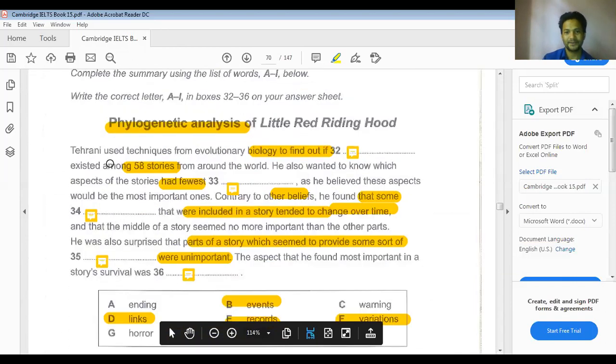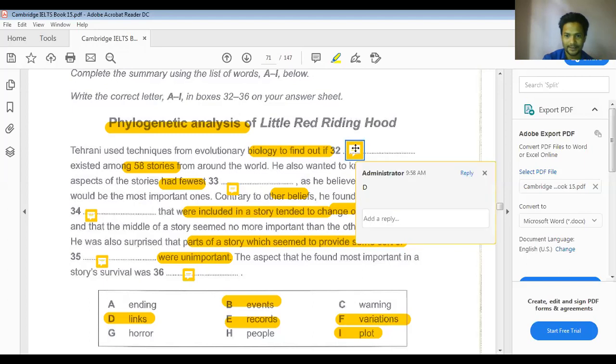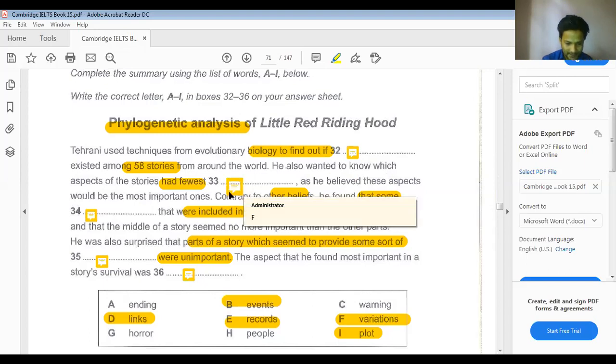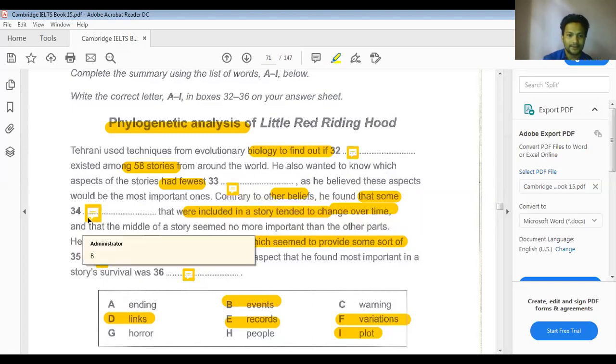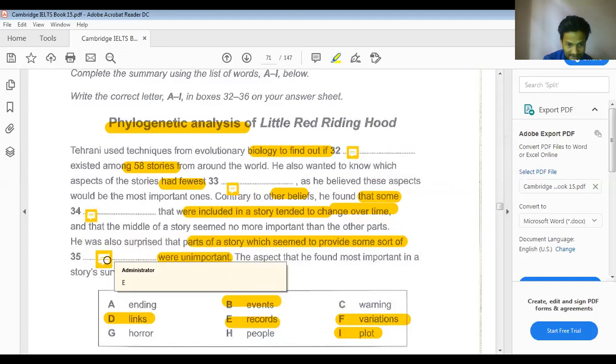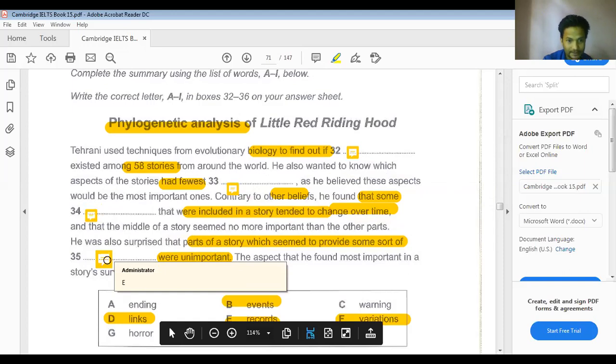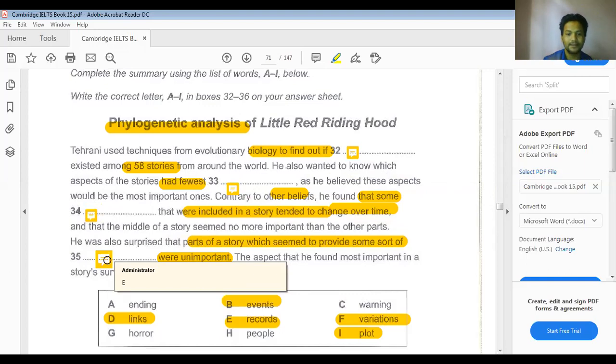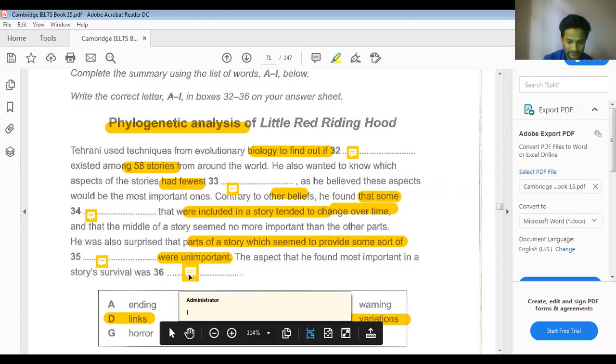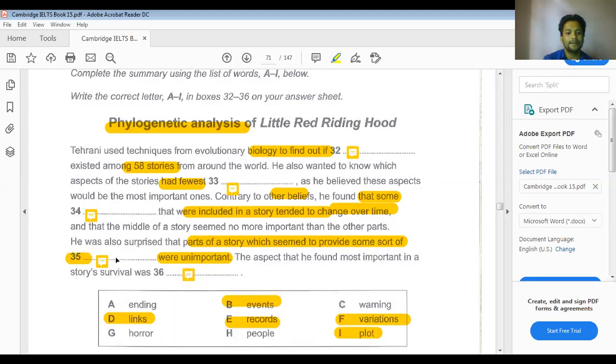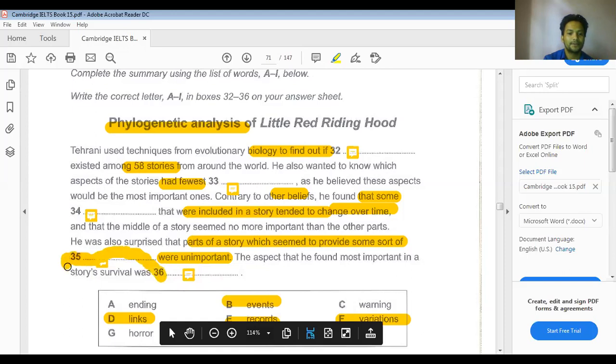Let's find out whether we get band 8 or not. 32 answer is D correct. 33 answer is F correct. 34 answer is B correct. 35 answer is C. We got a wrong answer. 36 answer is G. Okay, we got 35 and 36 wrong. We have got 2 mistakes here.